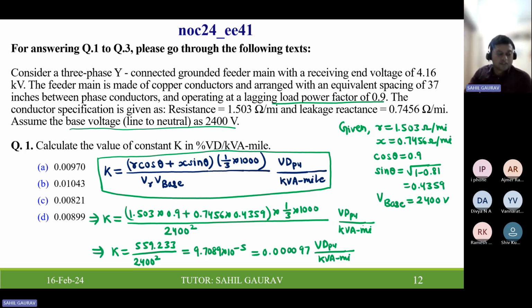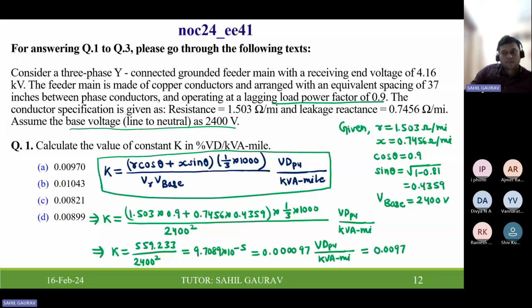So we have to write in percentage. VR and VS both are the same value. Yes, both are same. If they have not written different in the problem, if they have not separated rated and base voltage as different, then you consider both as same. Noted. So multiplied with 100, so we get the answer in percentage form.